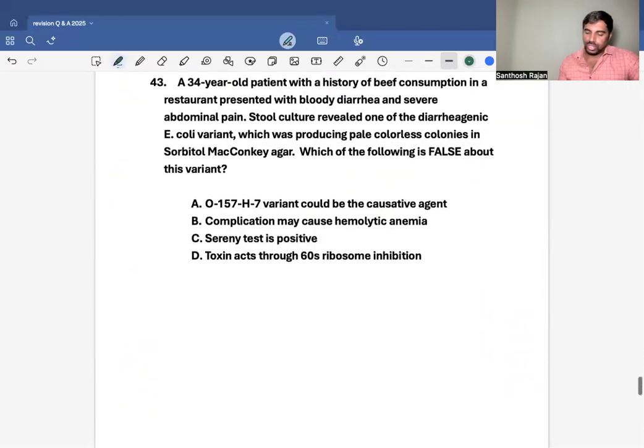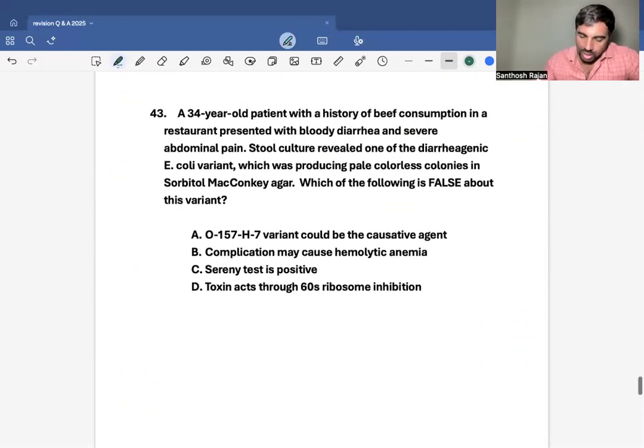Now, next question. Look at this one. A 34-year-old patient with history of beef consumption is now having bloody diarrhea and severe abdominal pain. Stool culture shows one of the E. coli variants producing a pale colorless colony on sorbitol MacConkey agar.